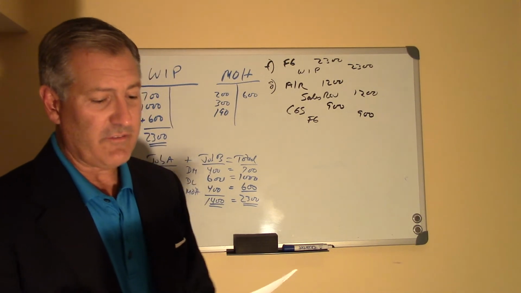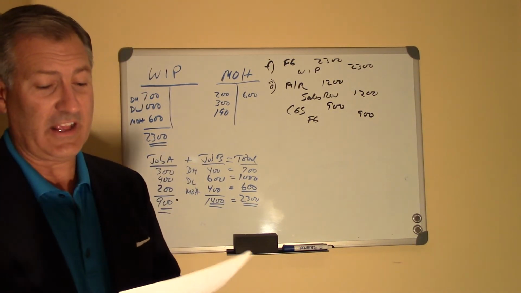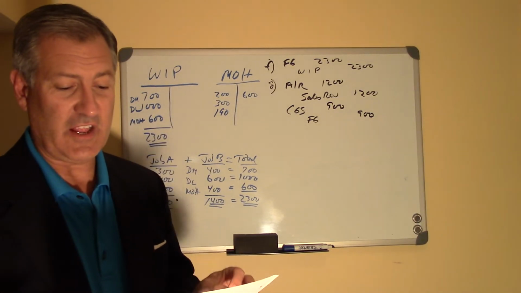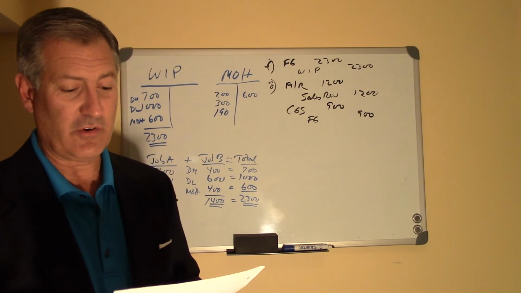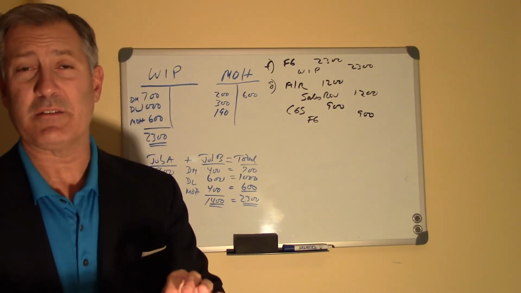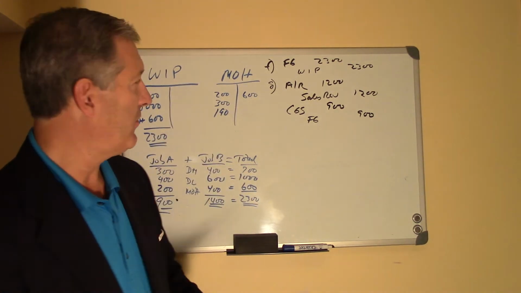Now, item H. It says resolve the manufacturing overhead account, assuming the company's policy is to allocate the over-applied or under-applied manufacturing overhead in the same proportion that manufacturing overhead was previously applied. That's the company's policy. First, let's look at whether we have an under-applied or over-applied.